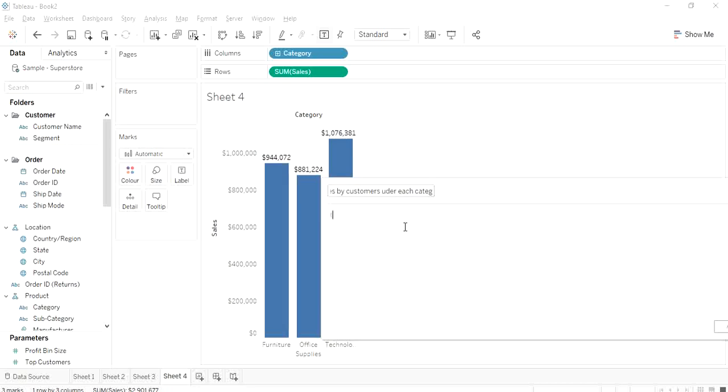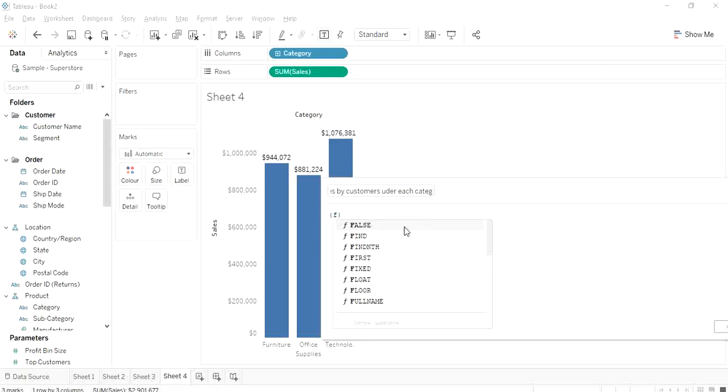As you remember, yesterday I told you, when you write fixed exclude, whatever you are excluding will be excluded from the current view. So in the current view, if you have three dimensions and you exclude one out of three, then two will remain, and the one you are excluding goes away, right?